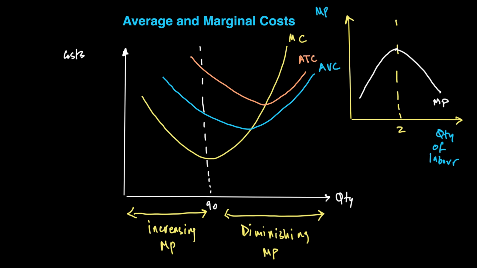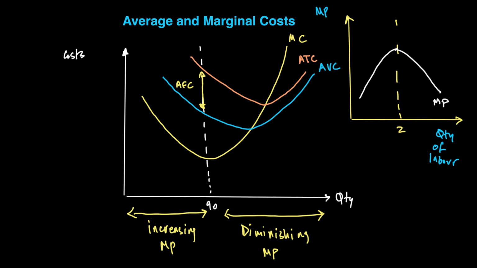We did talk about why the gap between ATC and AVC is shrinking, and the reason primarily is that this gap here is basically my average fixed cost, and this average fixed cost is declining as quantity goes up, and that's why this gap is shrinking as we produce more and more.